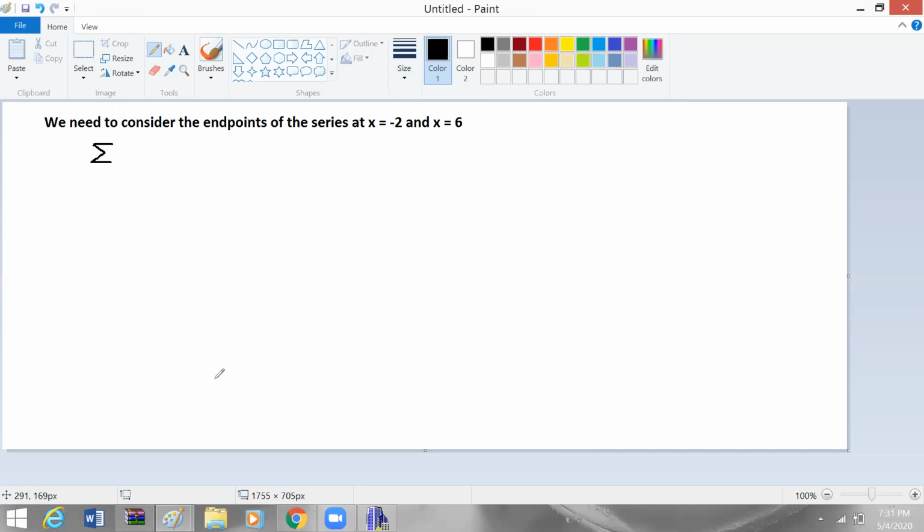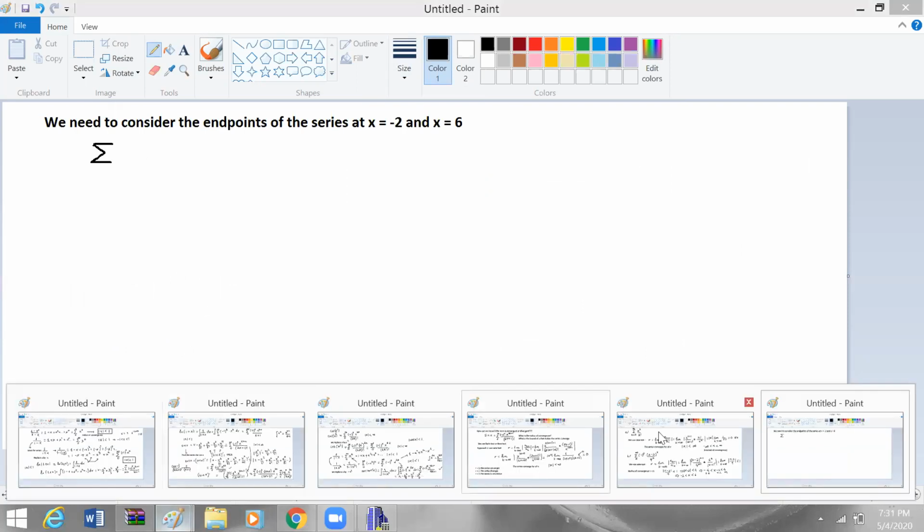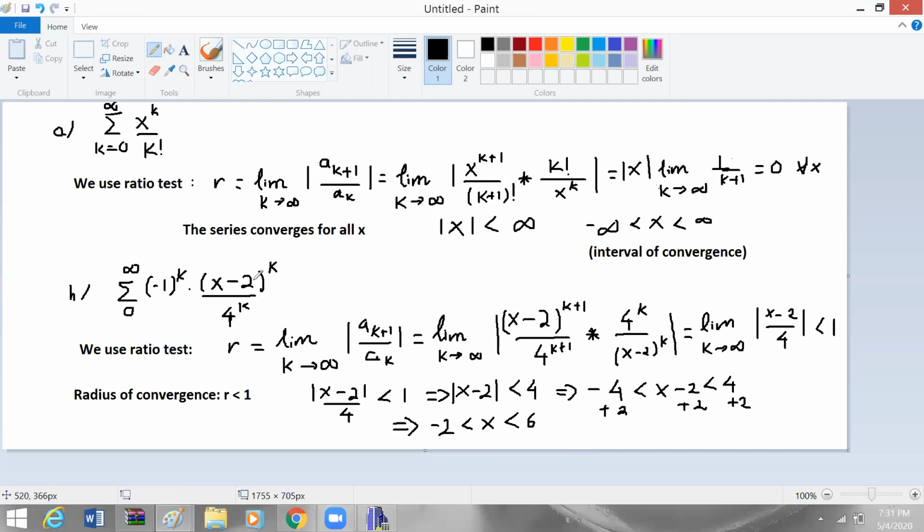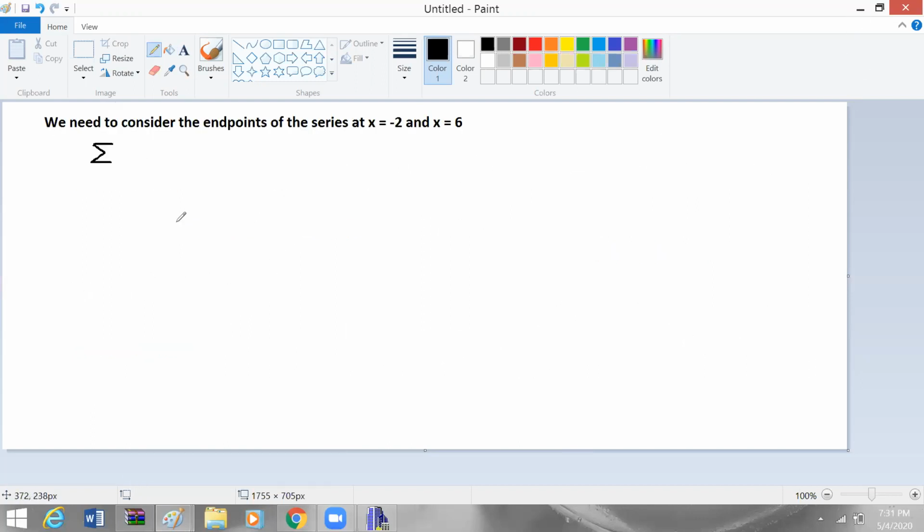With respect to x minus 2 to the k over 4 to the k. And what we have here will be negative 1 to the k, and x minus 2 to the k over 4 to the k.